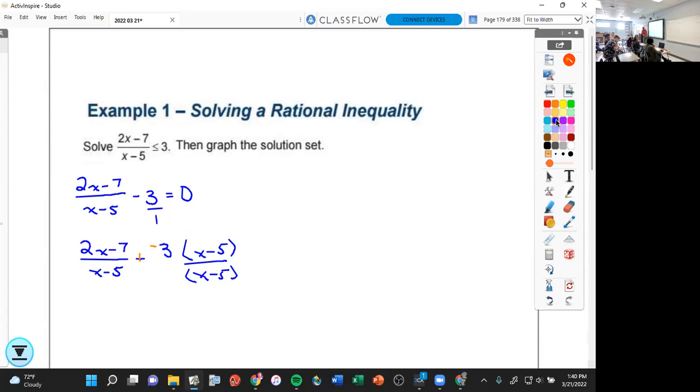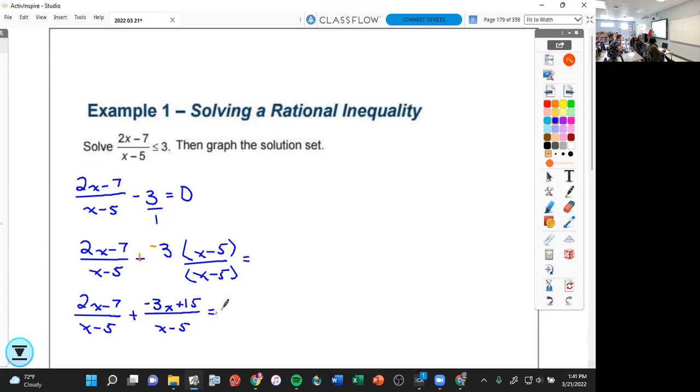I now have (2x minus 7) over (x minus 5) plus, what's my numerator? (-3x plus 15) over (x minus 5). Now that I have a common denominator, can I combine them?